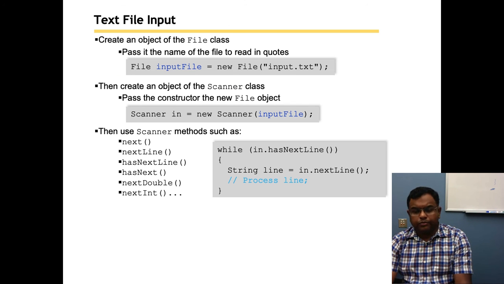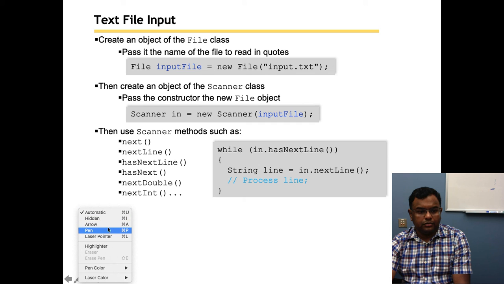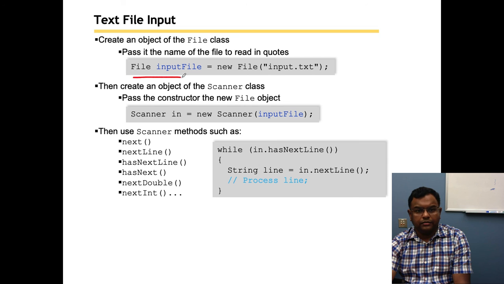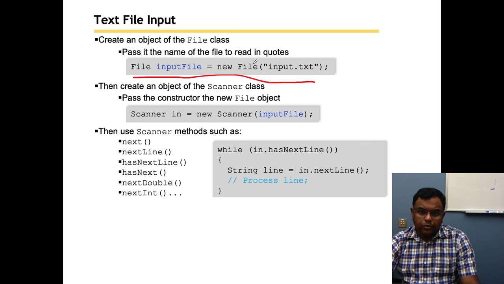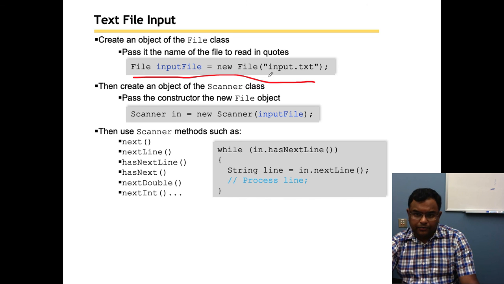The syntax for defining an input file, or opening a file, is like this. We define a File variable, an object, and we say new File, and inside that constructor we pass the name of the file.